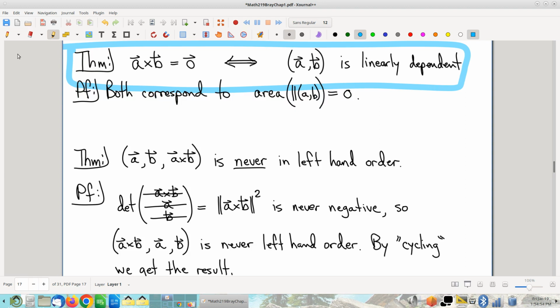Loosely speaking, dot product equals 0 means perpendicular. Likewise, loosely speaking, cross product being 0 means that they're parallel. And again, technically, this doesn't really quite mean that they're parallel. There's what if one's 0, what if the other's 0, stuff like that, right?